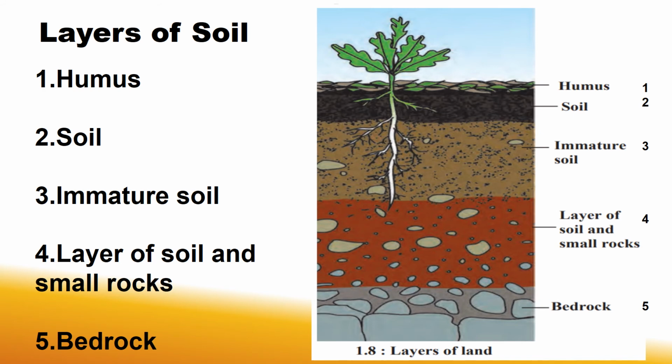Students, after soil is the immature soil layer. In this layer, insects, microbes, rodents, and mice are found.